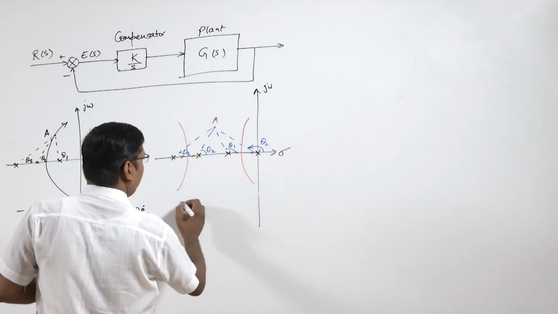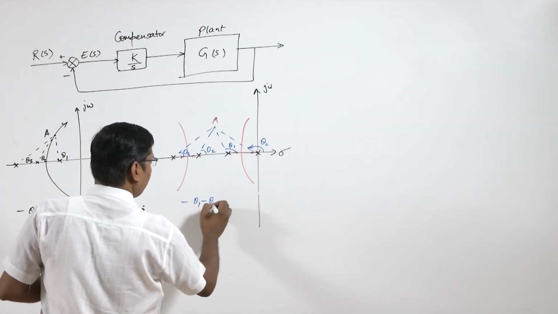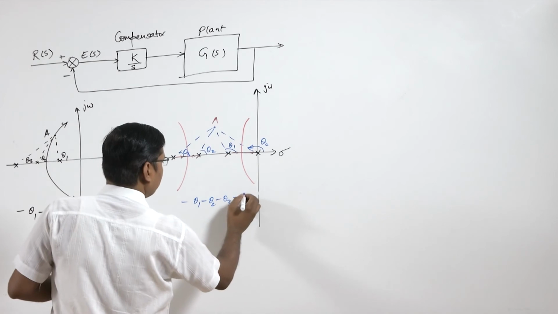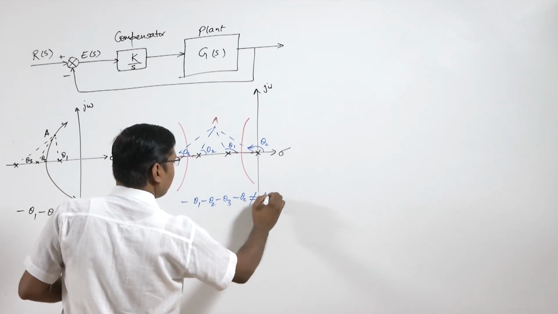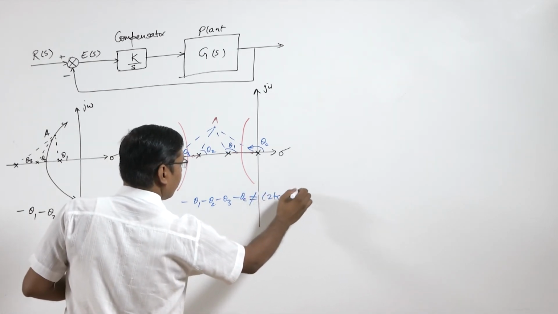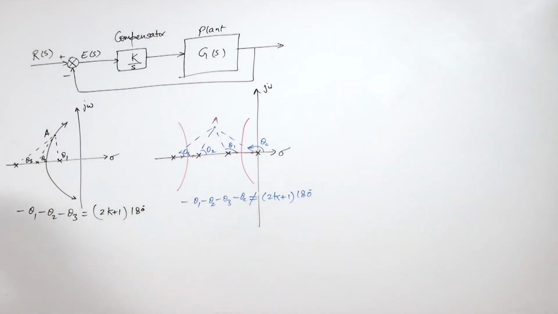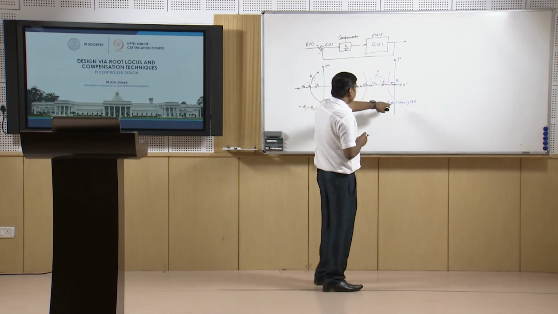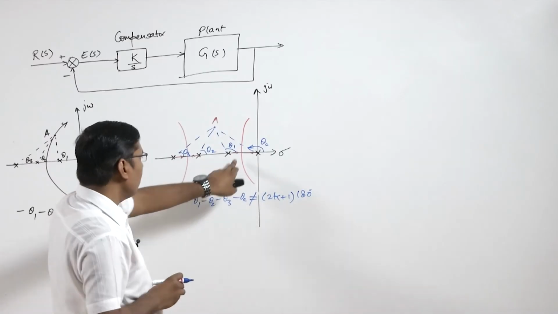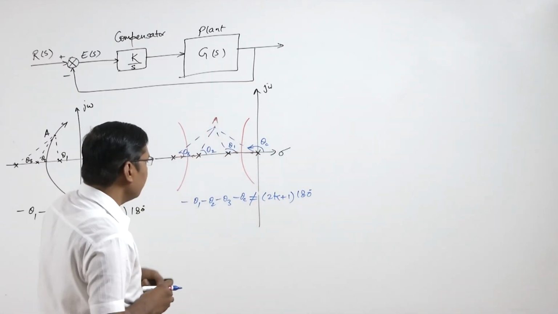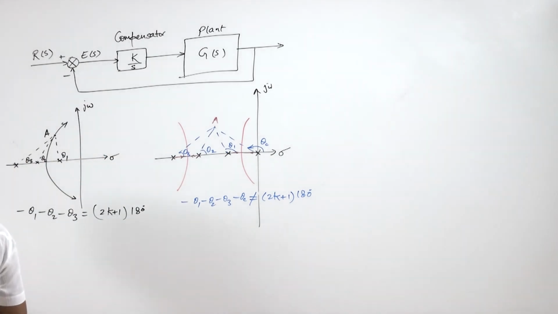So minus theta 1 minus theta 2 minus theta 3 minus theta C will not be equal to (2k plus 1) 180, because at point A this condition was satisfied, but now the root locus has changed and this condition will not be satisfied.